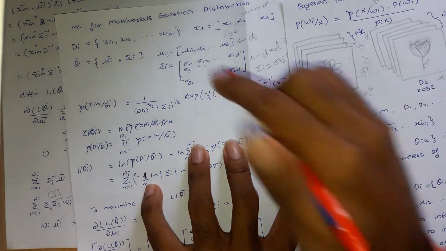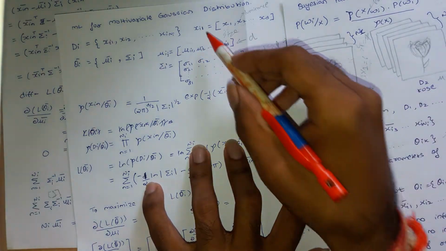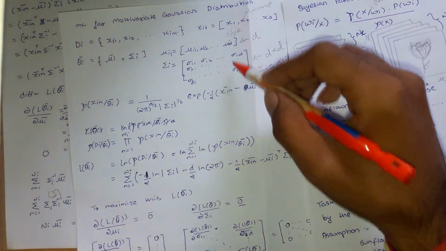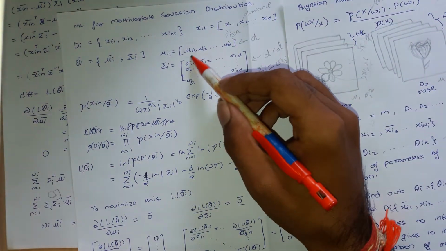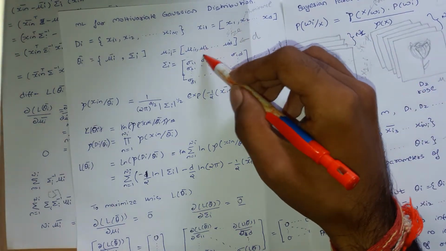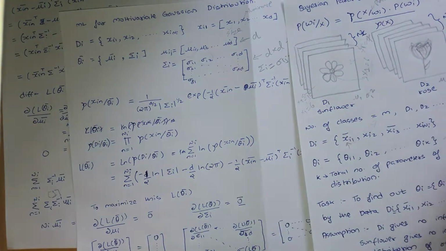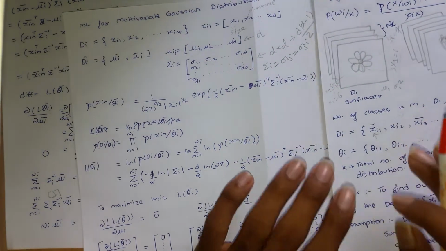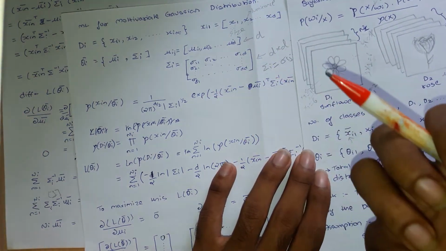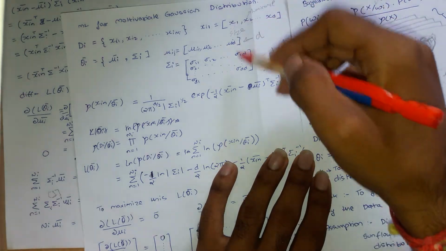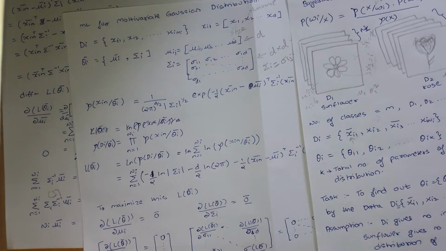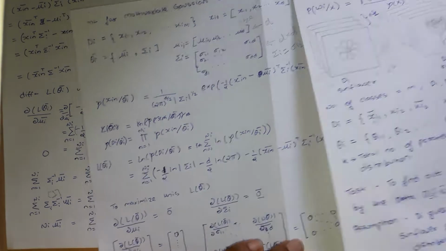So you have say xi1 for this image, then xi2 for this image, xi3 for this image. You add all the sizes and you take the mean, that is the mean size. You add all the luminances and take the mean, that is the mean luminance. So that is what the ML method is telling you. If you have a Gaussian distribution and you want the mean parameter, just take the individual features and take their simple average, and that will give you your desired mean.